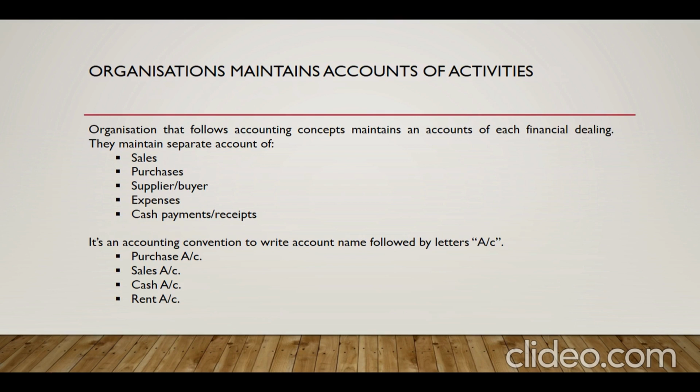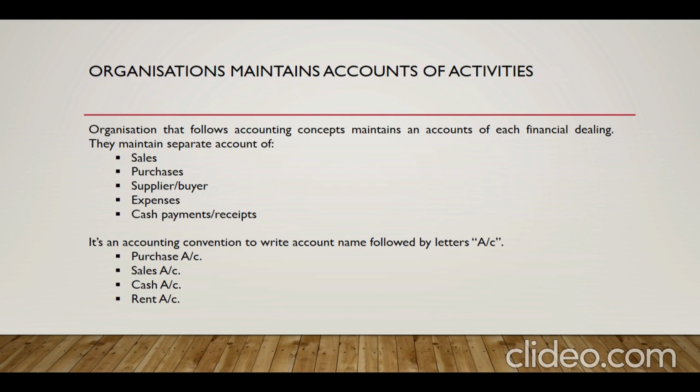Under each account, you maintain its respective records. For example, under purchase account, I would maintain a record of all the purchases that I made for a given period, and I would also record all the purchase returns which I have made during that period. Similarly, under sales account, I would maintain a record of all the sales which I have made during a certain period.